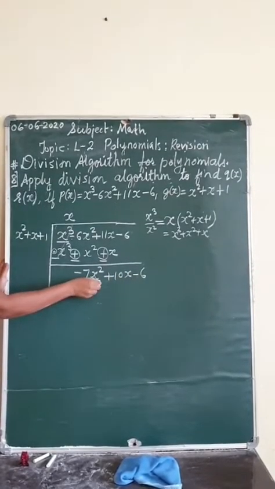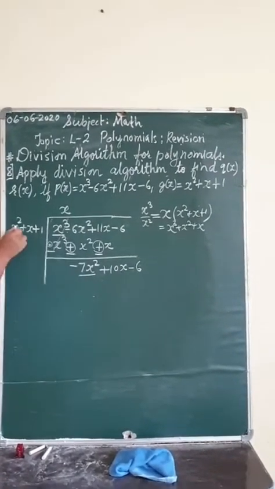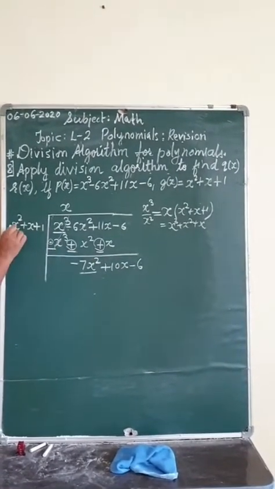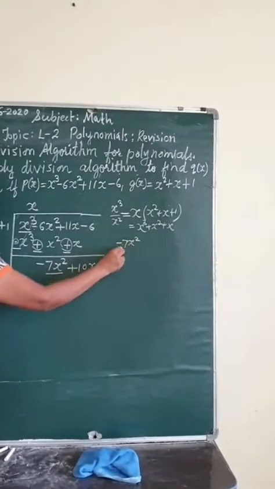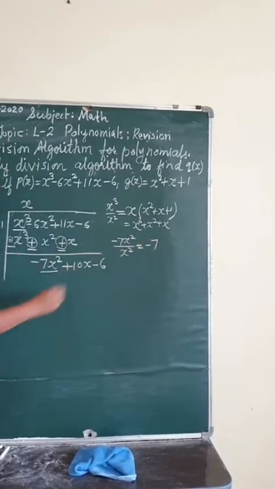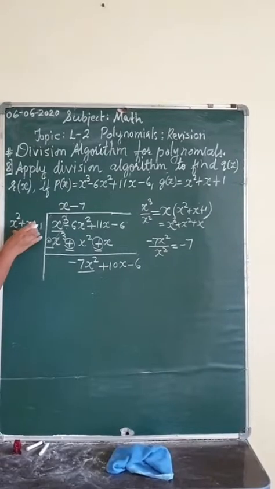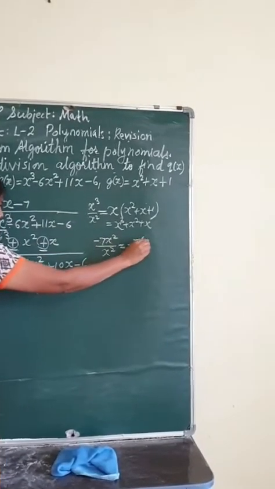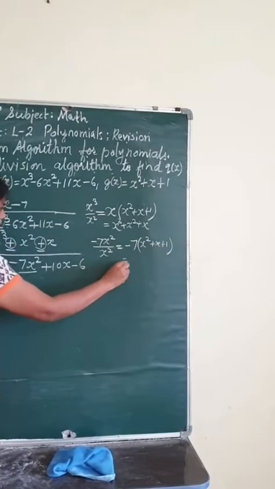Now you know that this is the term of the polynomial having the highest power. So what we have to do? Minus 7x squared divided by x squared gives us minus 7. Write it here. What next? Multiply this whole polynomial by this. So what it gives?